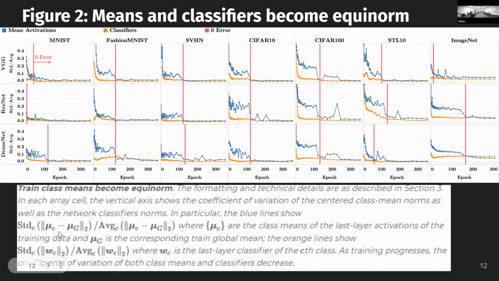So you're looking at this standard deviation of the centered class means, and the weights for the classifier, where WC is the last layer classifier for the C-th class.